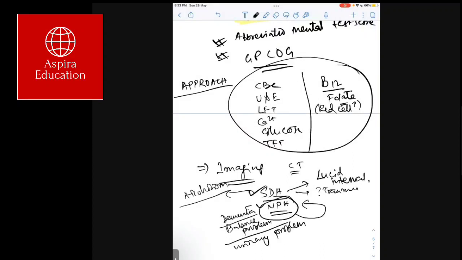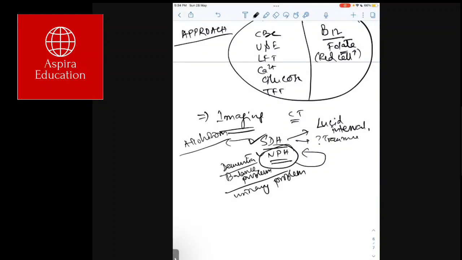In such a case, they will also mention the ventricle size and the pressure inside. If they are doing any lumbar puncture, they will also mention the pressure of that. So these are certain areas which you need to know, and these are the approach.